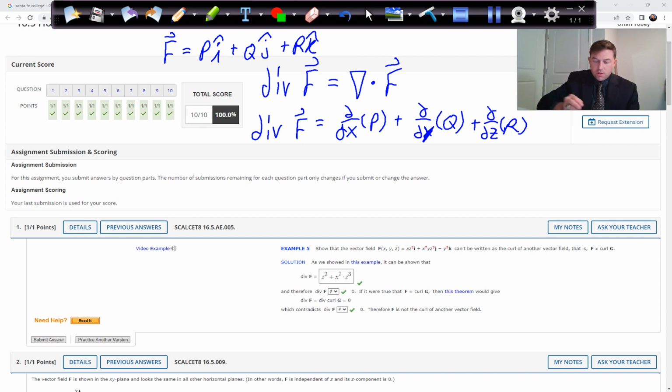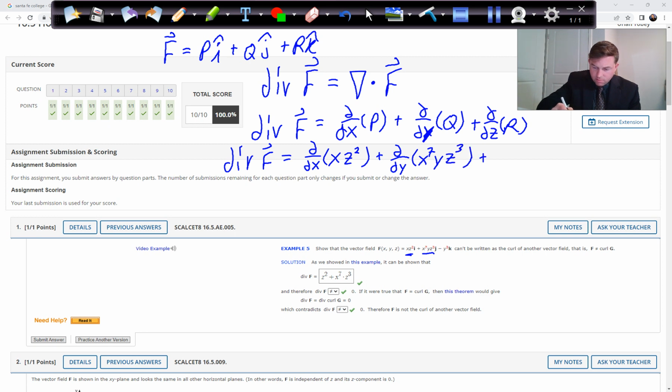And so we're going to do this with this, where the divergence of F would be partial with respect to x of the first term, z squared, and then plus partial with respect to y of the second term, x to the seventh, y to the first, z to the third, then plus partial with respect to z of the third term, negative y cubed.